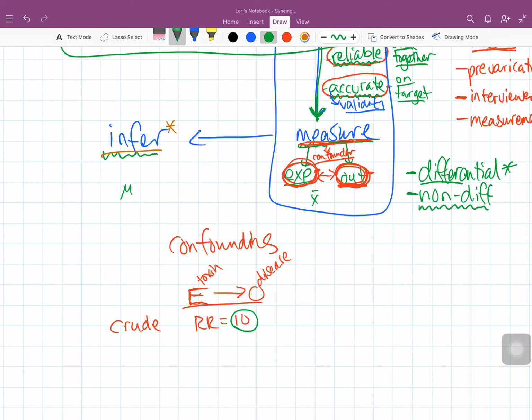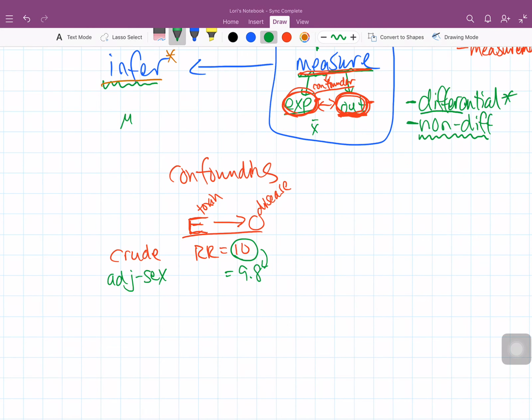So let's say we adjust for a person's sex or gender, and that becomes, say, 9.8. That difference isn't very big; it's essentially the same. Let's say we then adjust for region of the country, something geographic, and our relative risk is 9.9.